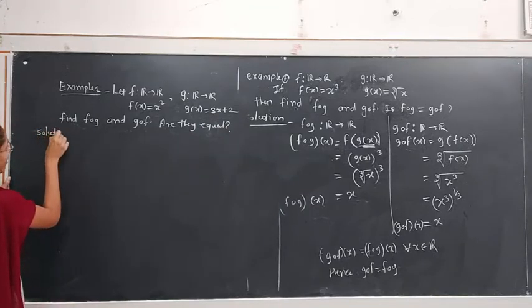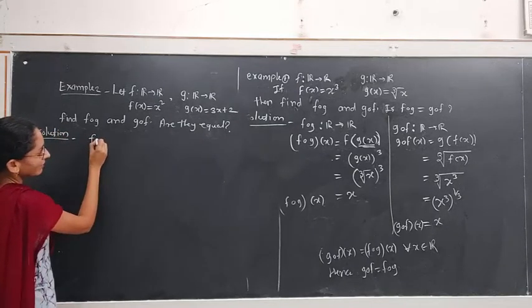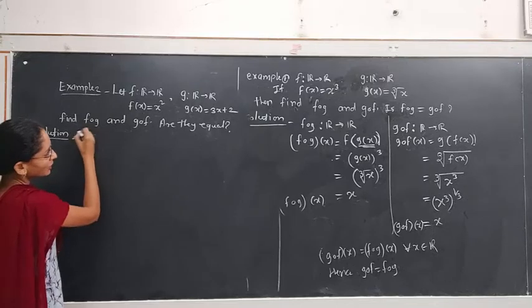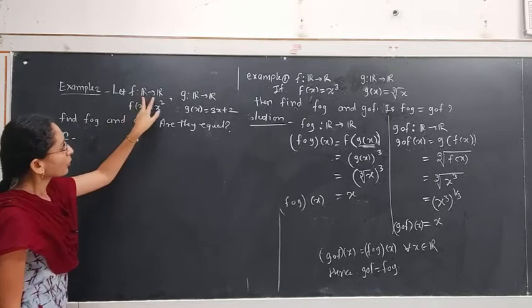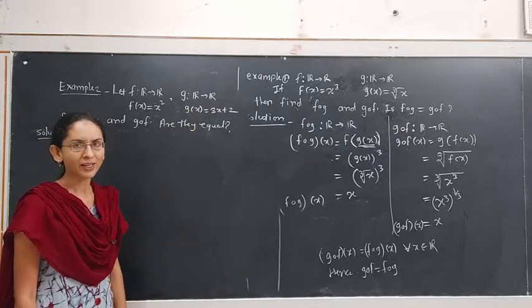What are f and g? f of x is equal to x square and g of x is equal to 3x plus 2. The domain and codomain of the f function and g function are the same, that is the set of real numbers.